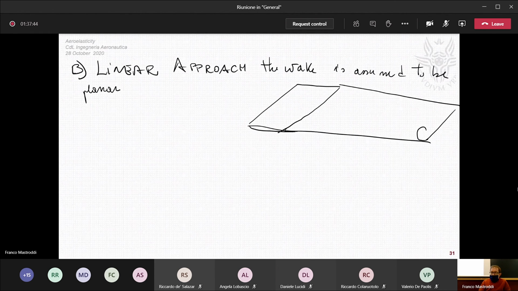No vortex roll up. Okay? This is described by the free wake.